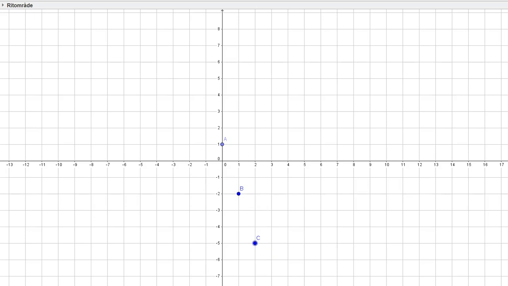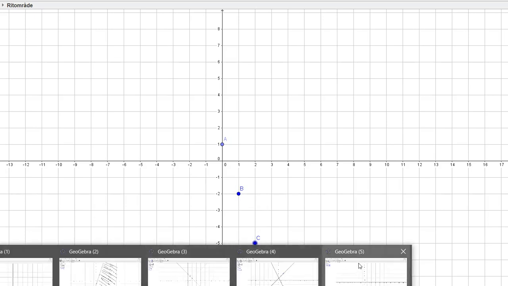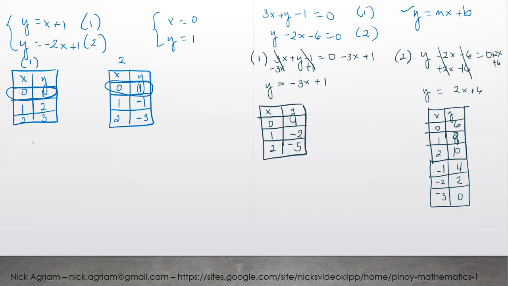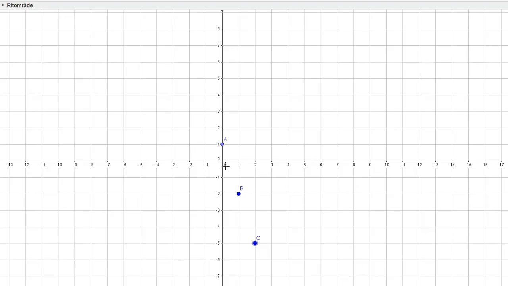That's my point. And the next. So we have negative 1, 4, negative 2, 2, negative 3, 0. Negative 1, 4. There you go. Negative 2, 2. And then negative 3, 0.